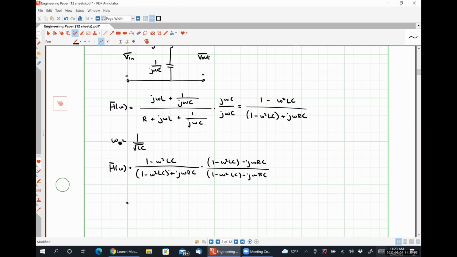And in our denominator, we're obviously going to have a 1 minus omega squared LC quantity squared plus omega RC quantity squared term. Our real part of this guy is going to be 1 minus omega squared LC quantity squared. And our imaginary part is actually going to have a negative sign. It'll be negative j, and we're going to have the exact same denominator.